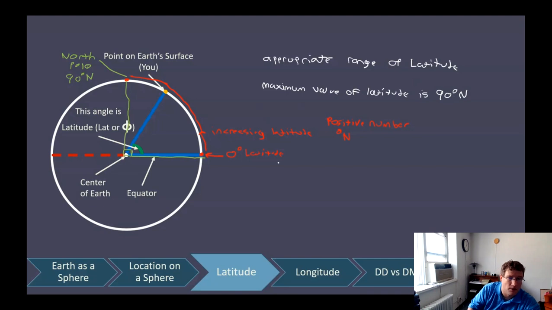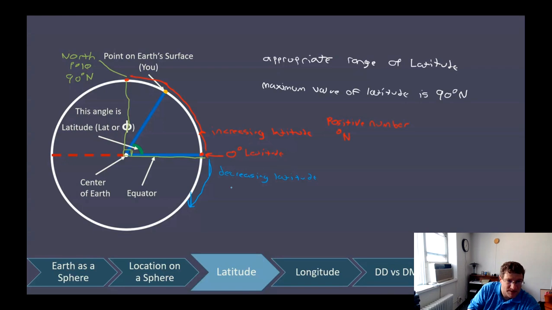Okay. So let's talk about what happens the other way. Let's say that instead of going north of the equator along the Earth's surface, you decide you wanted to go south. You start from the equator and head this direction, and you're decreasing latitude as you head south of the equator.